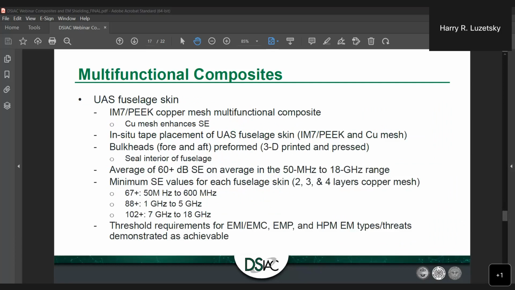So when you look at the UAS fuselage, this one has been tested. It was an in-situ tape placement. We did use bulkheads, which were preformed, and they were done out of 3D printed and pressed. That represented the seal. Again, the idea is you have to seal your interior structure to preclude any leakage, if you will, of the radiation.